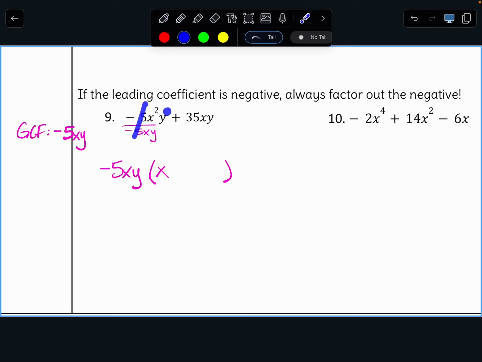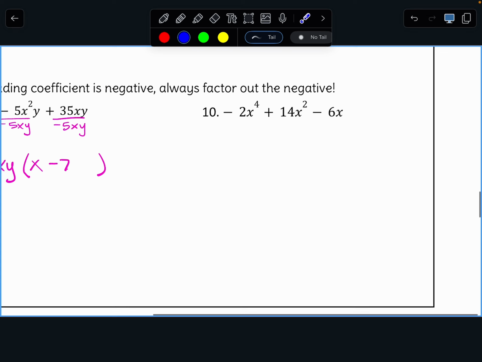This cancels, and that becomes a 1. And when I divide this by negative 5xy, what's 35 divided by negative 5? Negative 7, and then my x and y both cancel. Look at the signs and how they changed based on what we did.